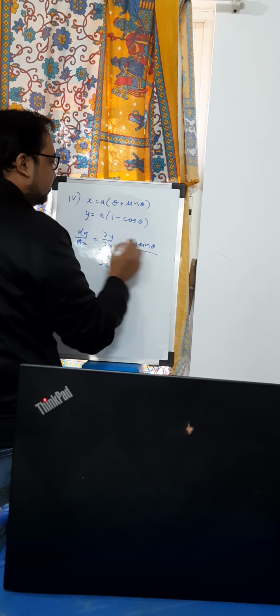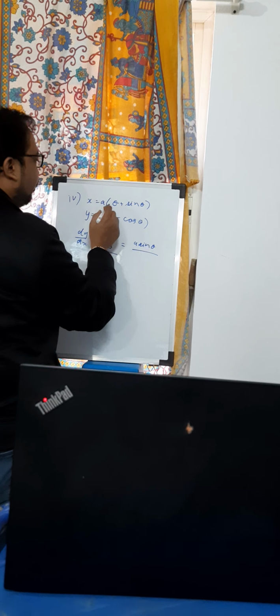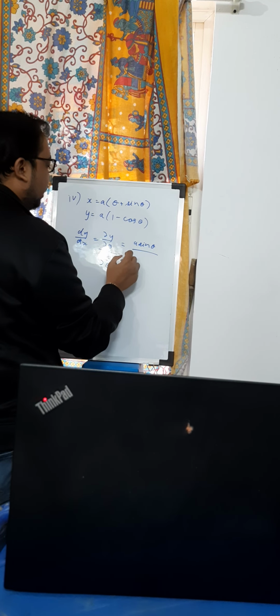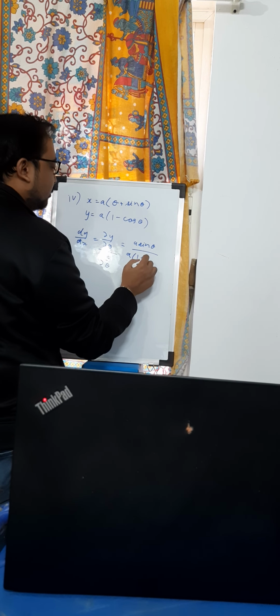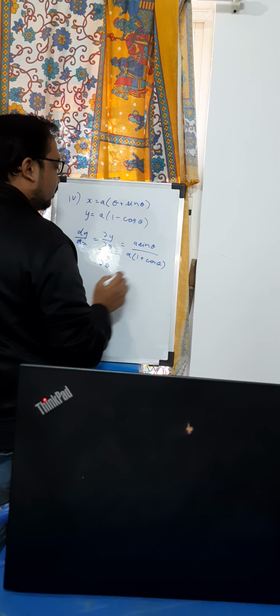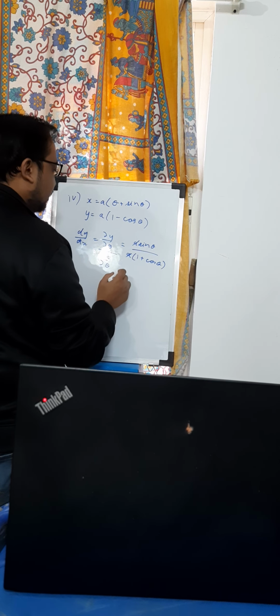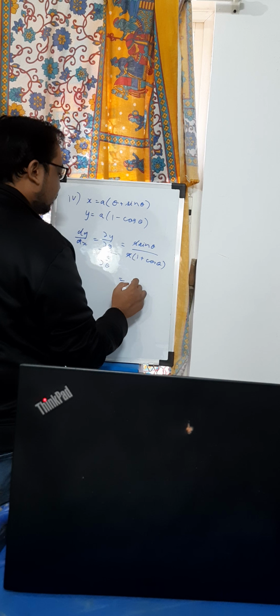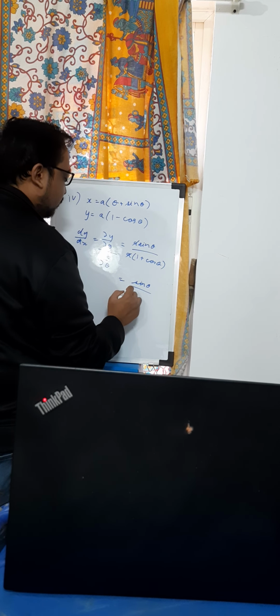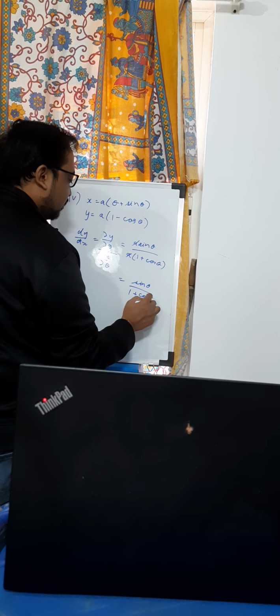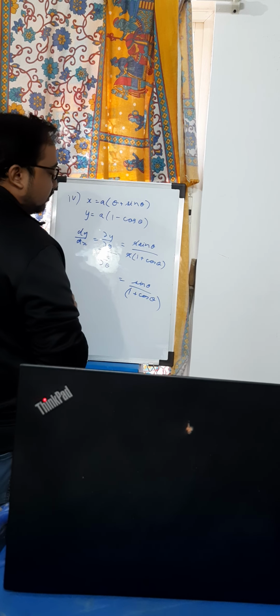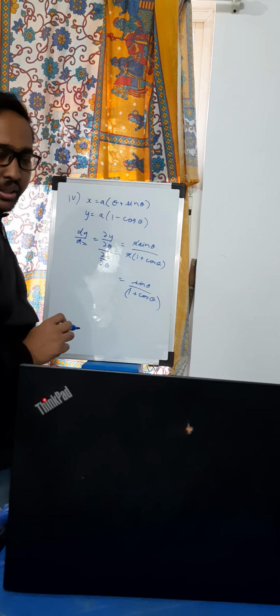And dx by d theta gives a into 1 plus cos theta. This gets cancelled and we get sin theta upon 1 plus cos theta, correct? You can just verify the answer.